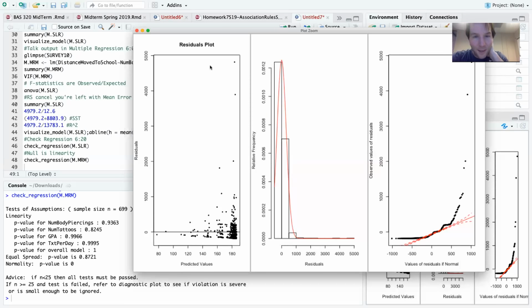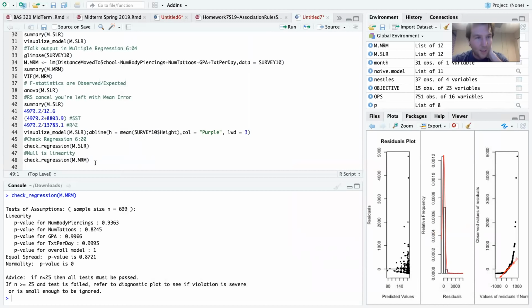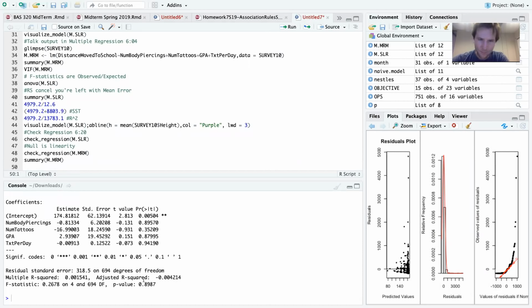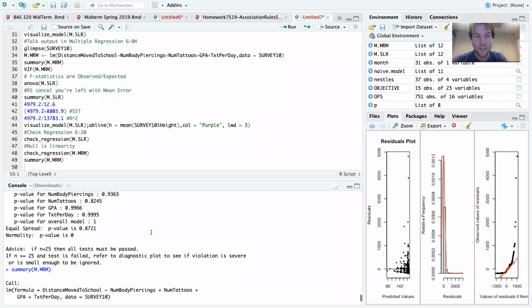So I know the p-value of 1 for the overall model is slicing through. But if you remember, this was our model that did horribly. Going back to that output, even though we pass, this model passes most of the check regression, but the model is absolutely horrible. I'd have two reasons to toss it.